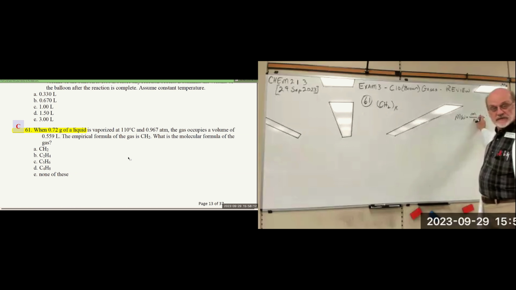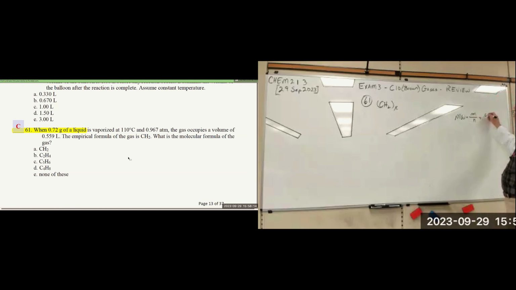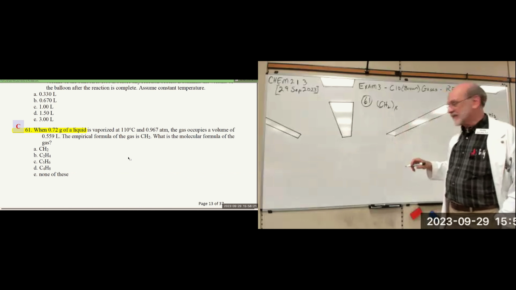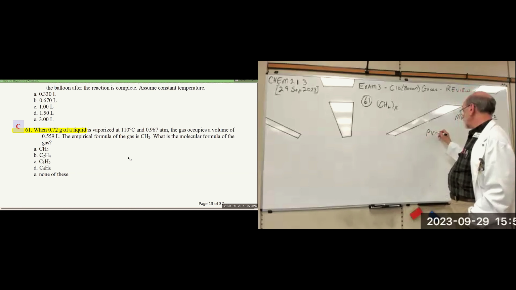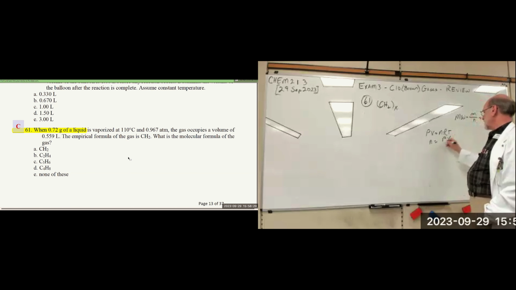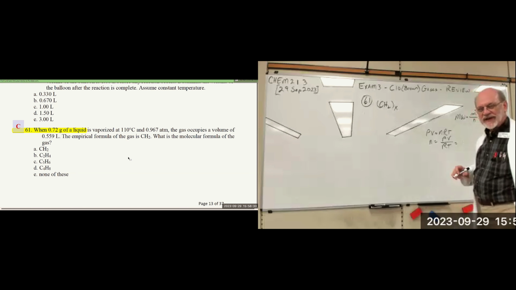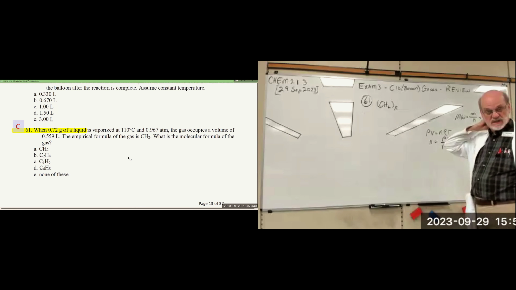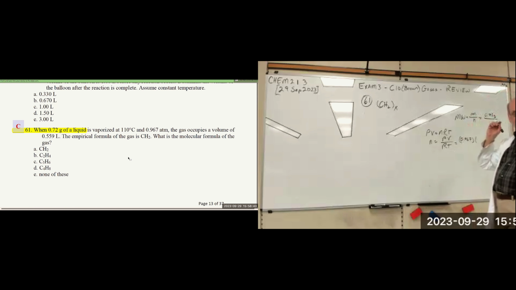We're given the mass, 0.72 grams. We need to find out how many moles that represents. I think we can use PV equals nRT and solve for n, PV over RT. The pressure is 0.967 atmospheres. The volume is 0.559 liters.